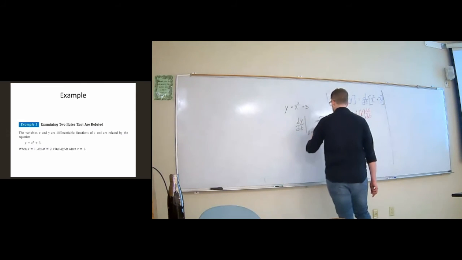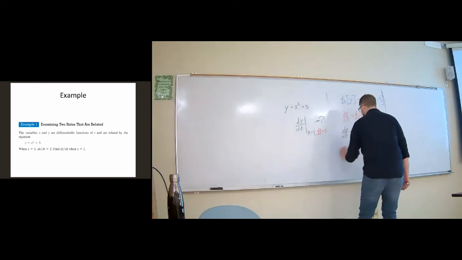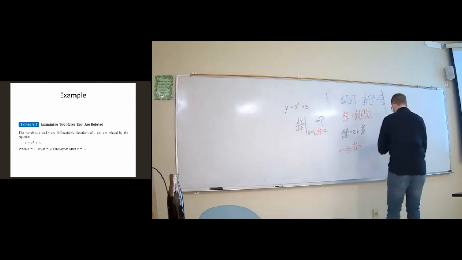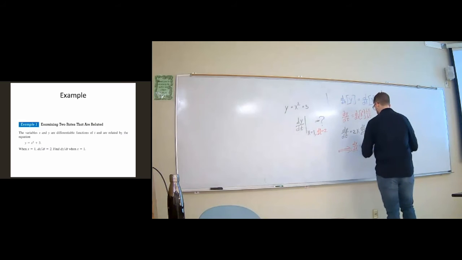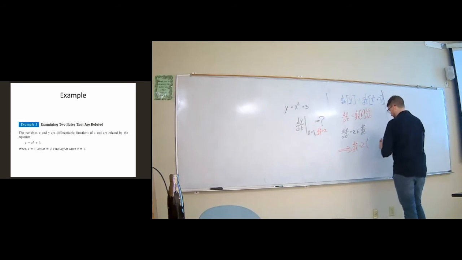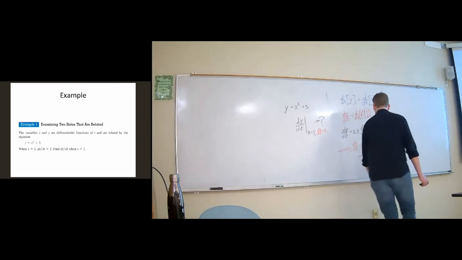So dx/dt is also equal to 2. Plugging all of that in, we know that dy/dt is equal to 2 times 1 times 2, or just 4, right?